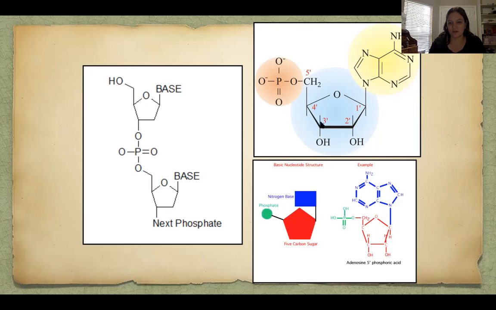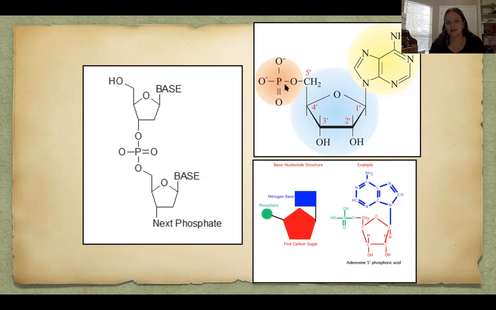There's a carbon at each one of these corners. So we start here to the right of the O, and that is the number 1 carbon. We actually call them 1'. It's an apostrophe, but we say prime. So you have 1', 2', 3', 4', and then off of the 4' sticking up is a 5' sugar.